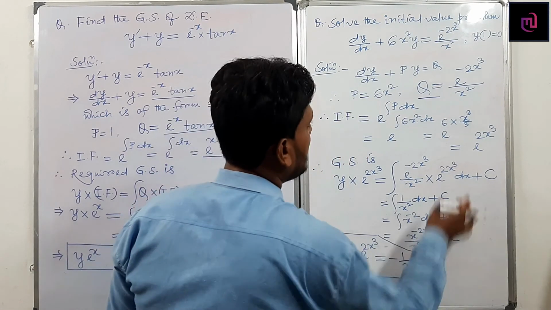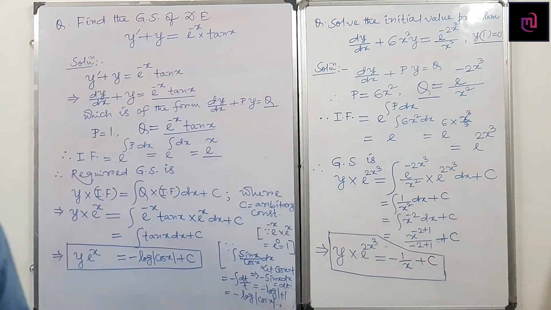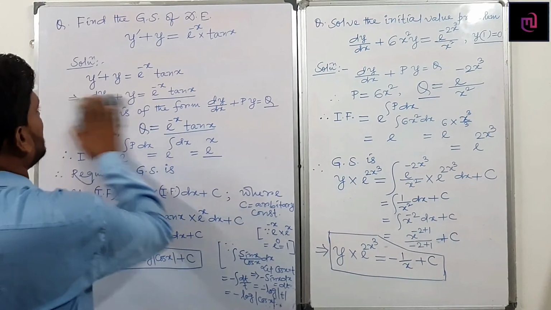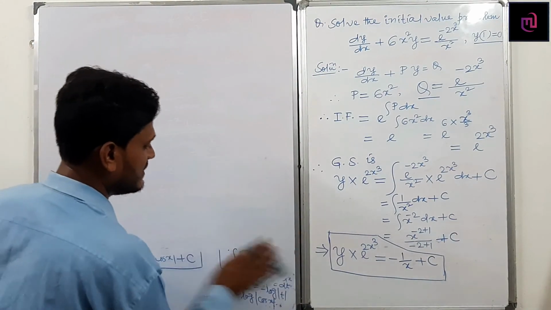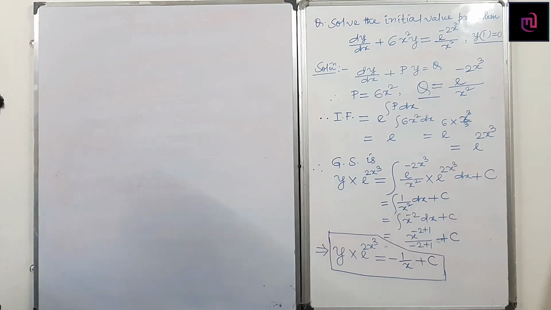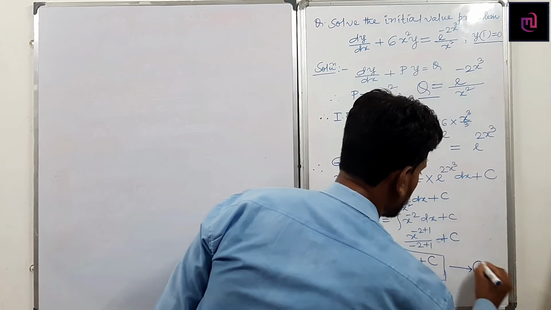So here using the initial condition, whatever the initial condition is given. So can I use? So can I write? Suppose we do the numbering. Suppose this part becomes 1.